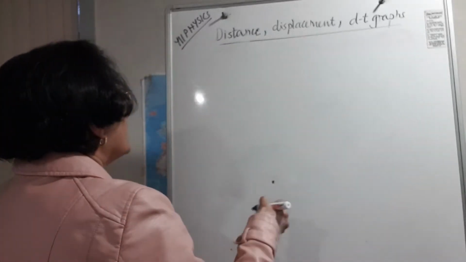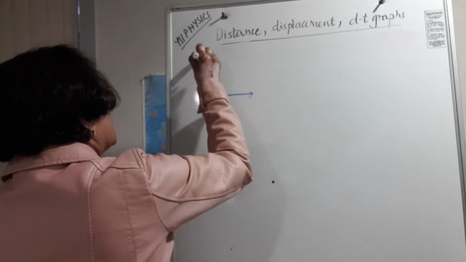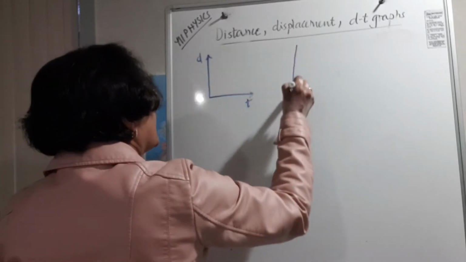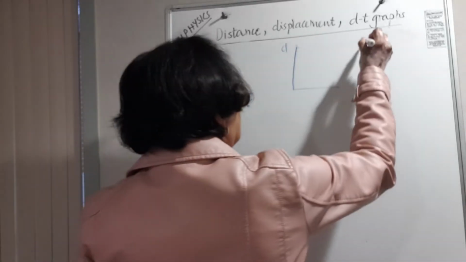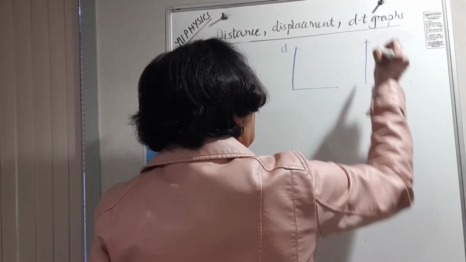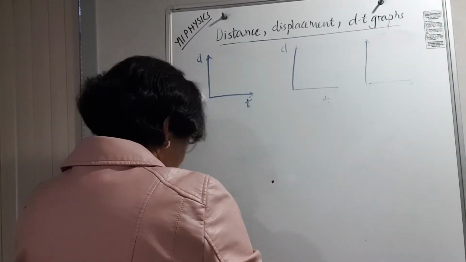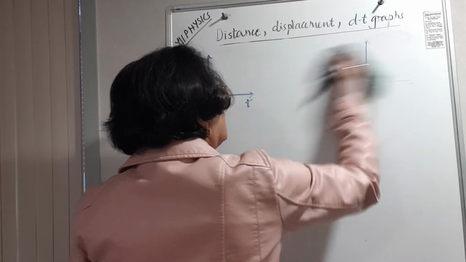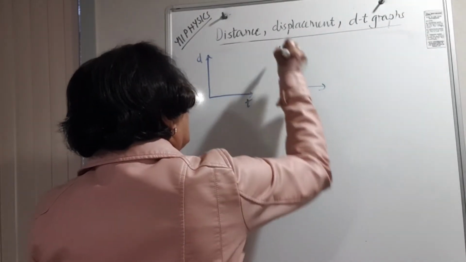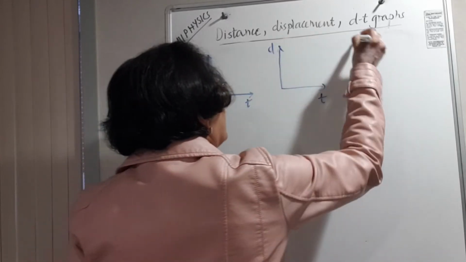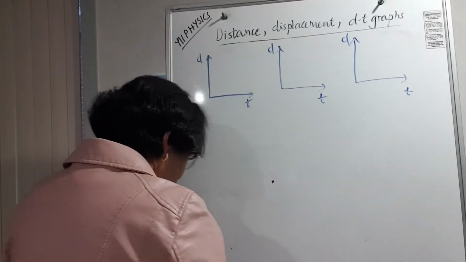Okay. So in year 10, you learned something about distance time graphs. We didn't do displacement time, so I'll start with what you know. Okay, those are distance time graphs.